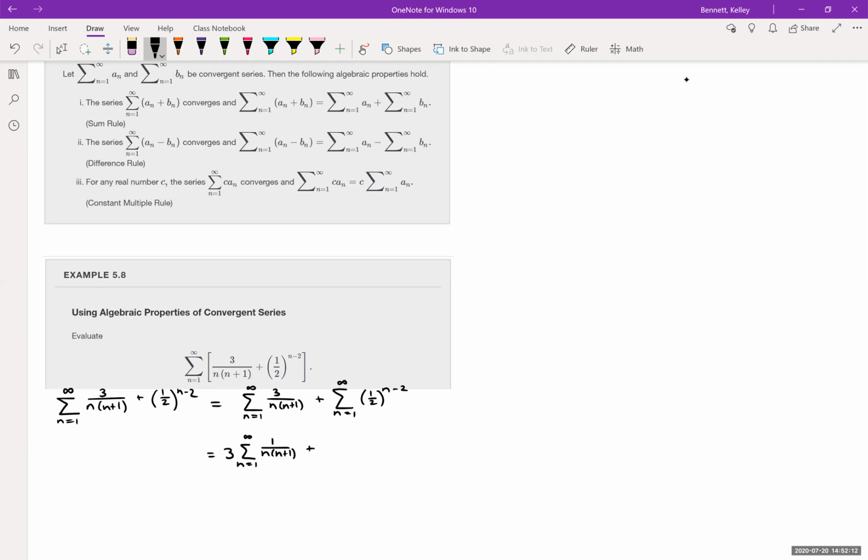So we definitely could just work with this, but I want to show you, I guess I would just call it a maneuver. So we have the sum from n equals 1 to infinity of 1/2 to the n minus 2.